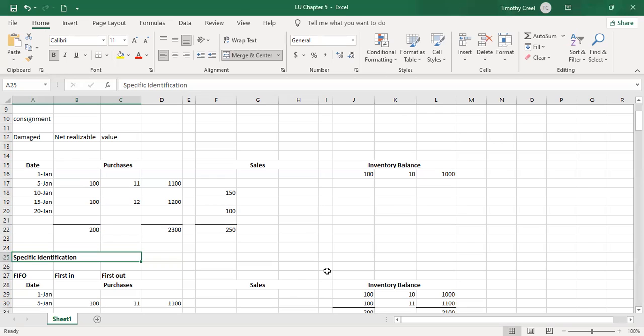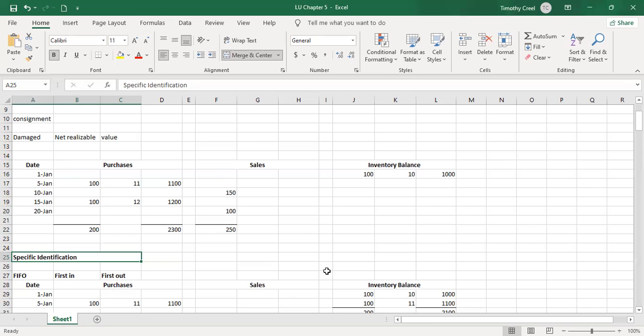So companies can choose either of these 3 methods. They need to be consistent with their choice. And again, these aren't necessarily what's been taken off the shelf, but it's just companies have to choose a way to account for inventory in this consideration.